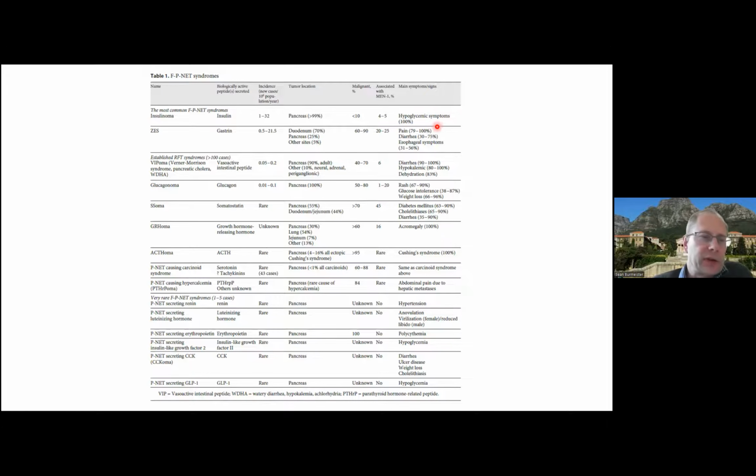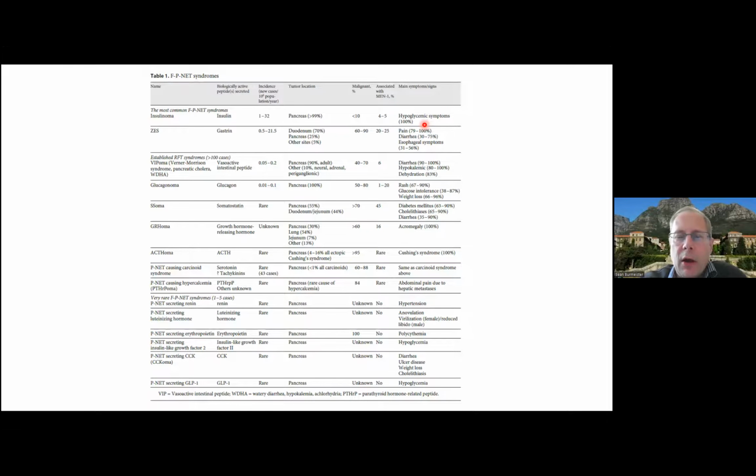The typical symptoms are those of hypoglycemia, and you'll probably be familiar with Whipple's triad. And really that is hypoglycemic symptoms. Remember, hypoglycemic symptoms can be divided into the catecholamine secretion component. So obviously when you go hypoglycemic, your body increases its adrenaline production and catecholamine excess, and you have symptoms like palpitations, sweating, maybe nausea.